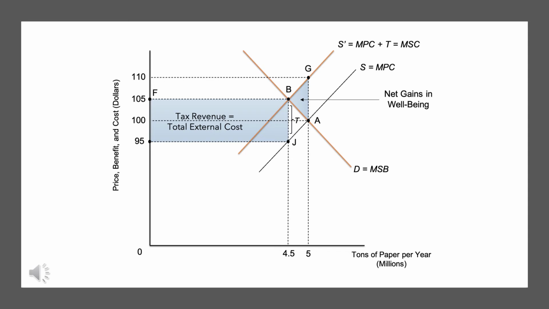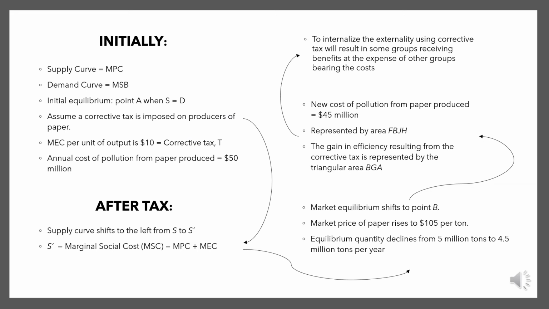There is a supply curve which equals MPC and a demand curve which equals MSB, as well as the new supply curve which equals MPC plus tax, which equals MSC.